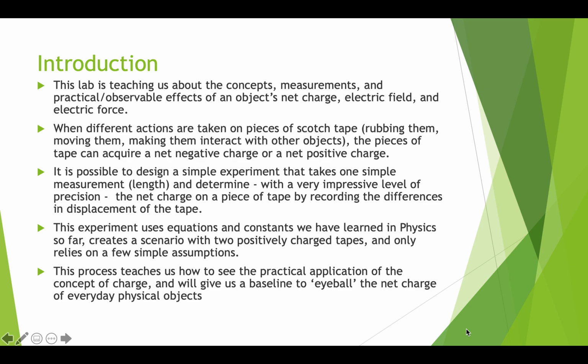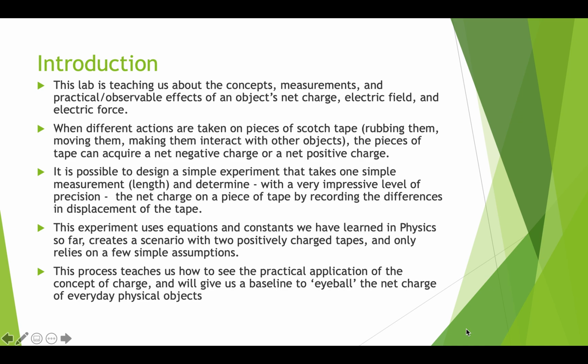And it is possible to design a simple experiment that takes one measurement, which is length, using a ruler, to determine with a very impressive level of precision the net charge on a piece of tape, simply by recording the differences in the displacement of the tape.